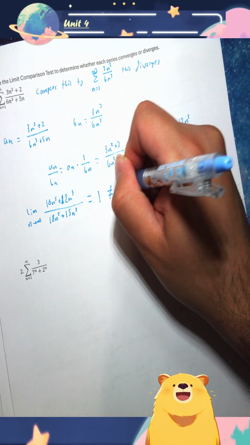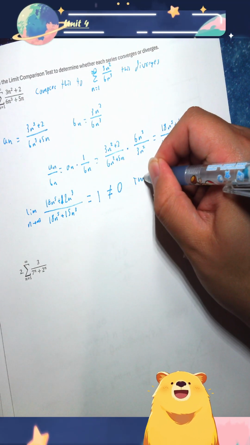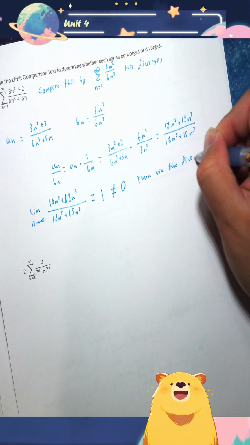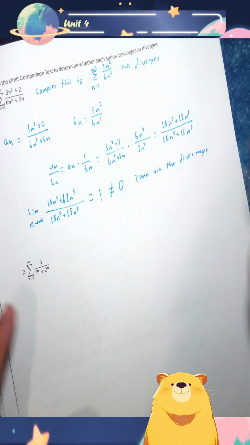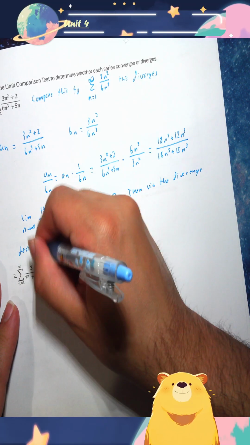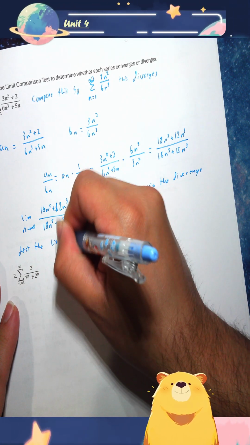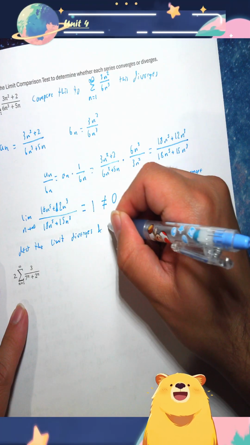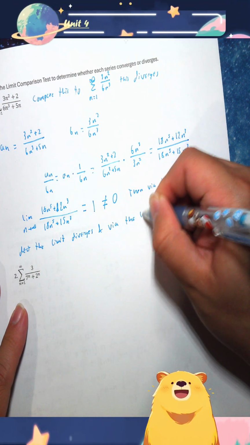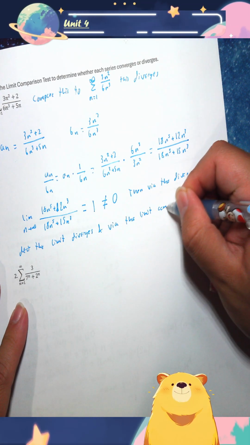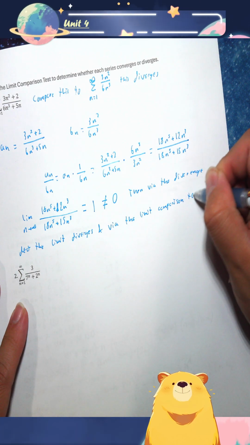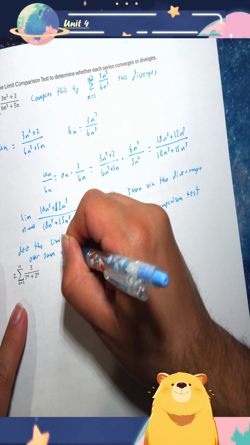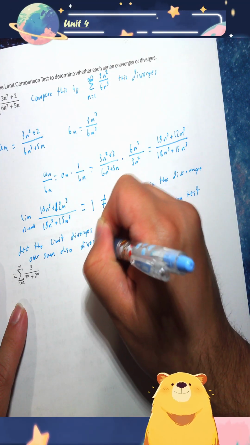So because the limit does not equal 0, then via the divergence test, the limit diverges, and via the limit comparison test, our sum also diverges.